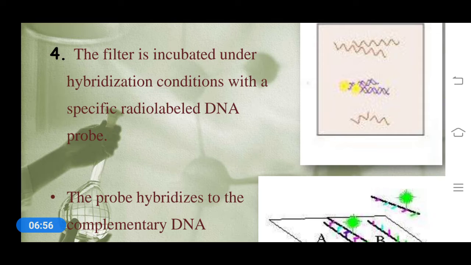Here a radio labeled probe is applied to the nitrocellulose filter paper or nylon paper. This filter paper is incubated with the probe solution for hybridization, and the probe hybridizes to the complementary DNA.